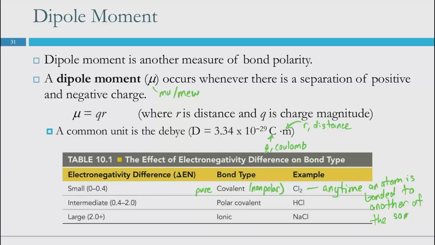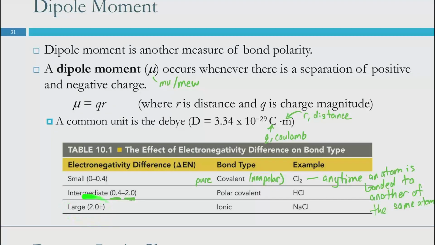So Cl2, N2, O2, H2, F2, I2, Br2, any of those 2s, you're going to get a pure covalent bond, a nonpolar bond, because they have the same electronegativity value. They have to be sharing those electrons equally. If we ramp up to 0.4 to 2.0, that's where we get polar covalent bonds, something like HCl. Hydrogen's a 2.1. I think chlorine is a 3.5 or a 3. I don't remember exactly.